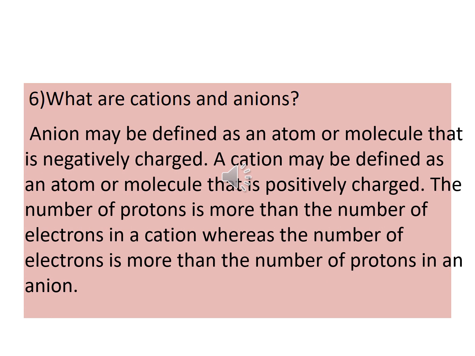Now, sixth question. What are cations and anions? An anion may be defined as an atom or molecule that is negatively charged.